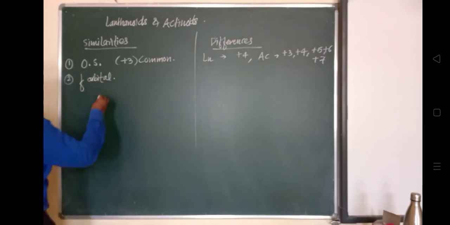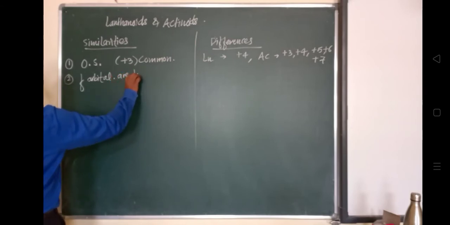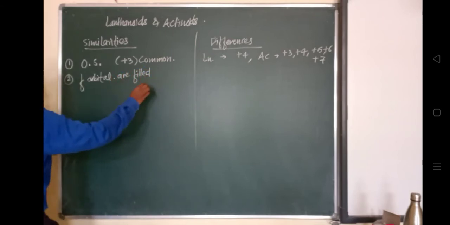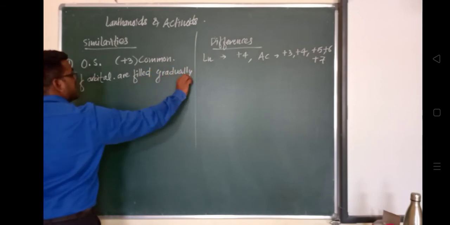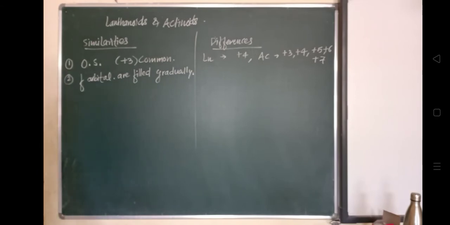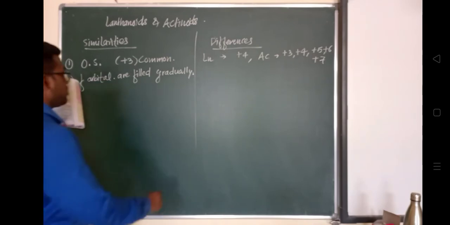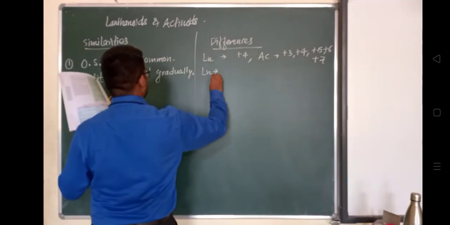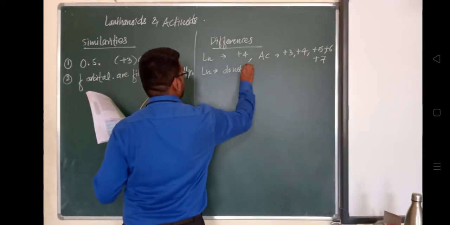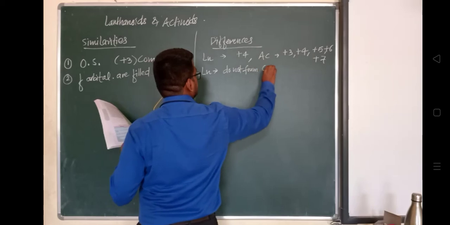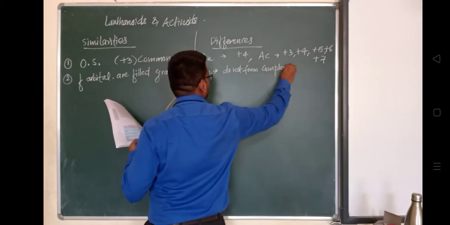Lanthanoids do not form complexes easily. Actinoids have a greater tendency to form complexes.